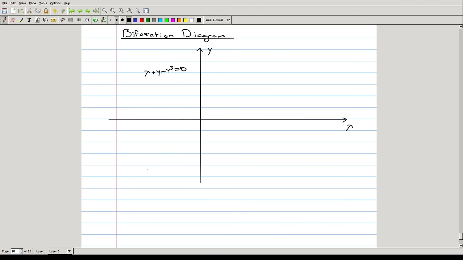So it's a cubic curve opening along the lambda axis, and it looks like this. This is what our curve looks like.